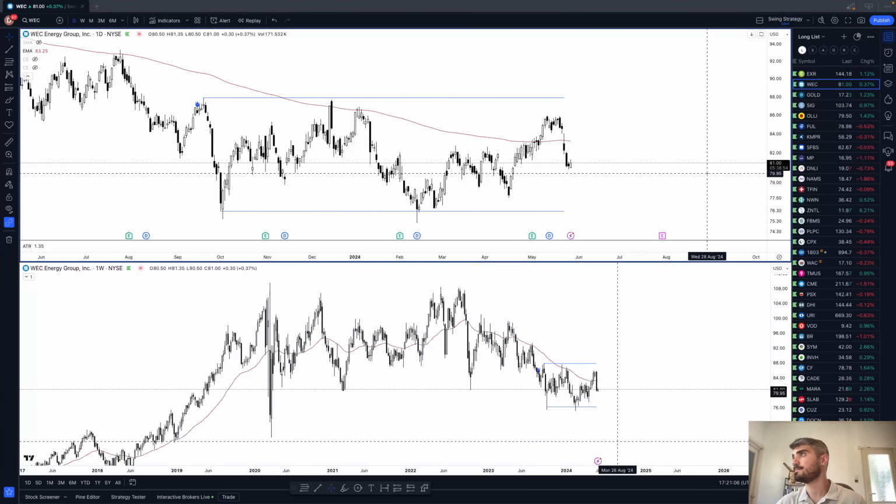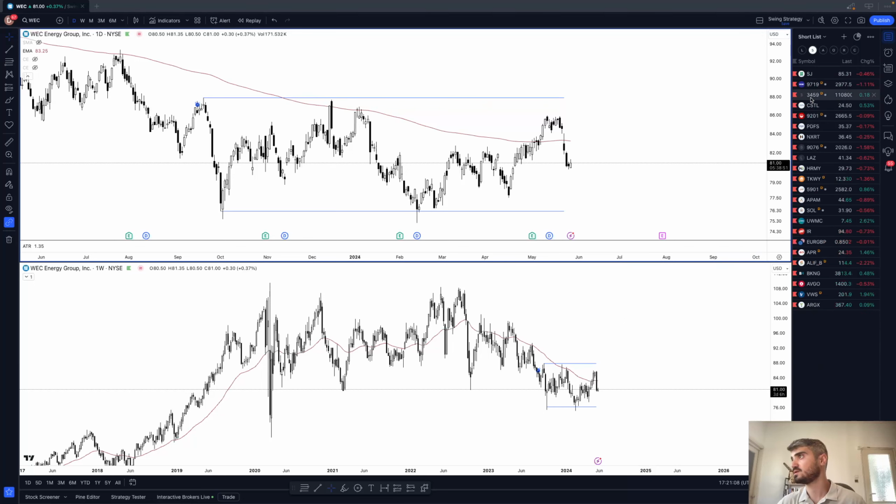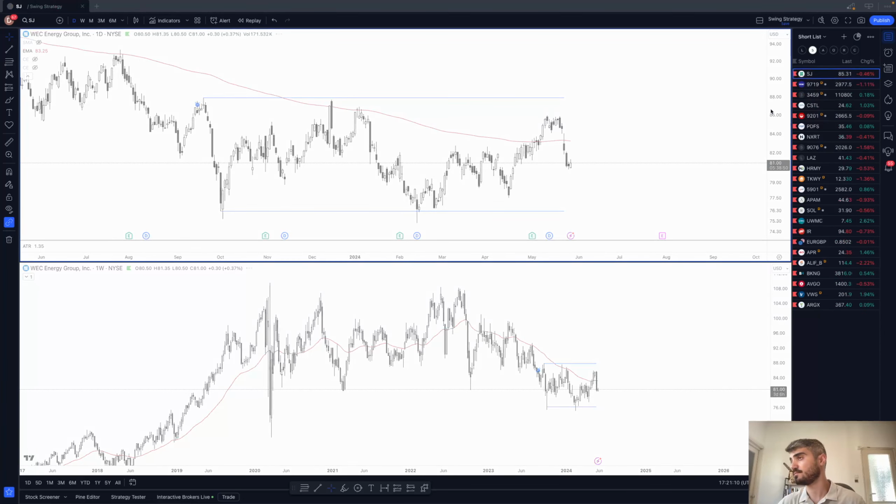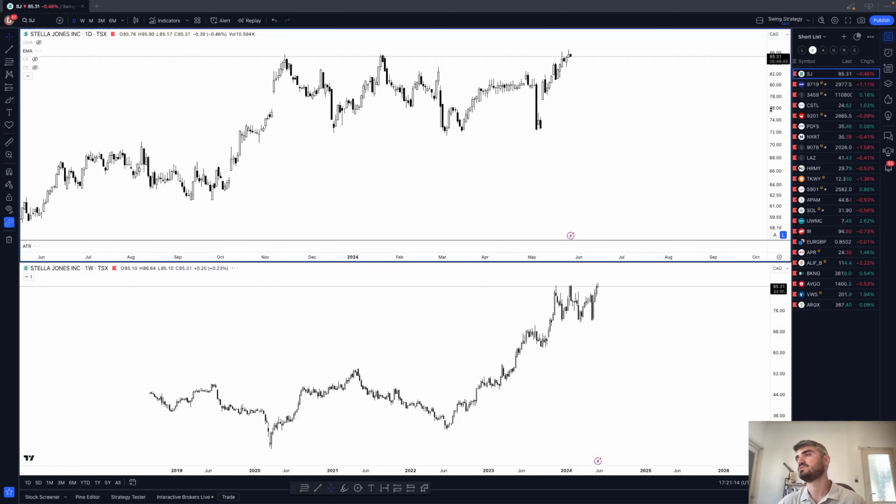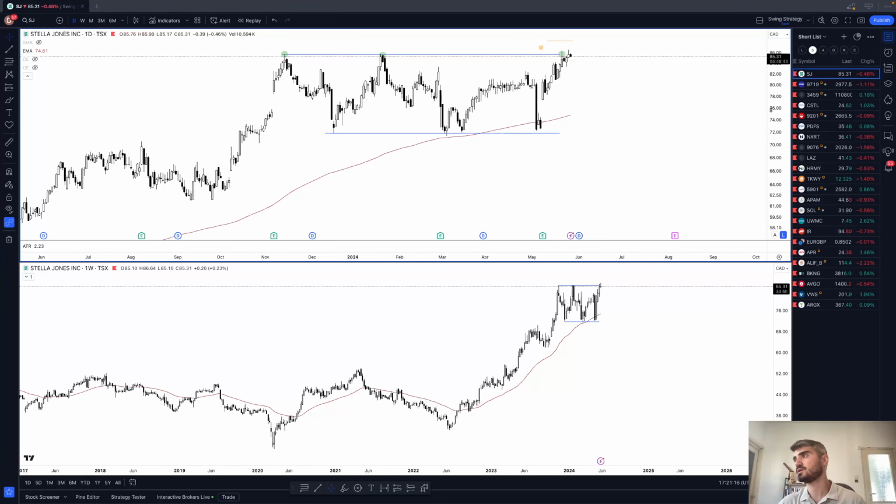Okay, then I have the short list. Once again, not in a directional manner, but these are setups that are a week minus from maturing, or at the range of about 3 days from maturing.